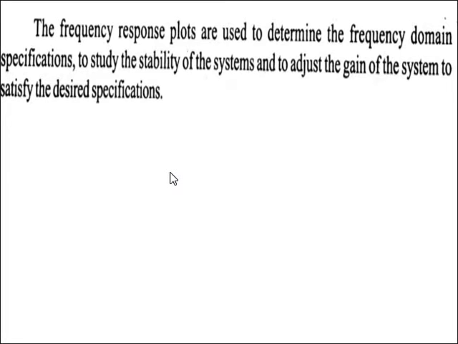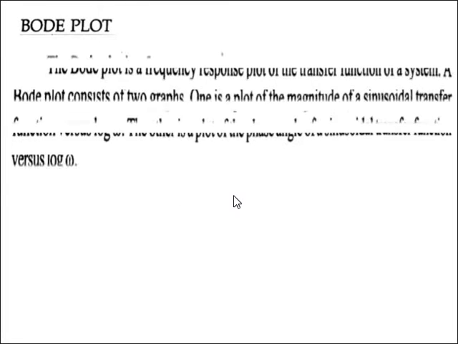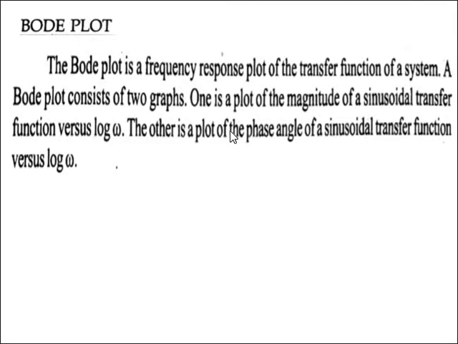The first plot is the Bode plot. The Bode plot is the frequency response plot of the transfer function of a system. A Bode plot consists of 2 graphs. This is very important. One is a plot of the magnitude of a sinusoidal transfer function versus log omega. The other graph is phase versus log omega.